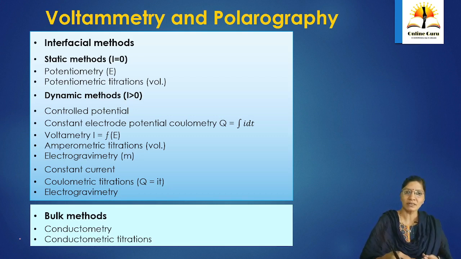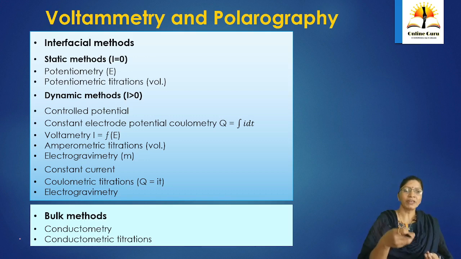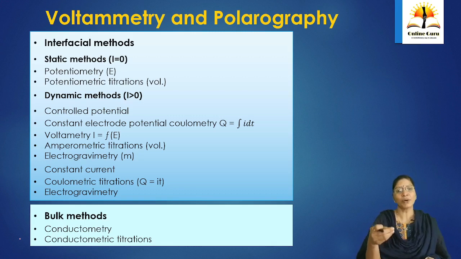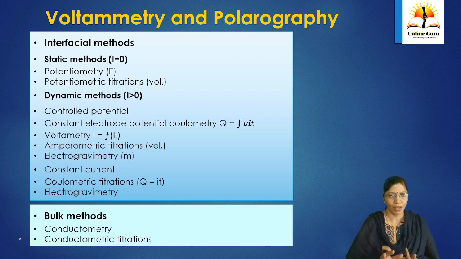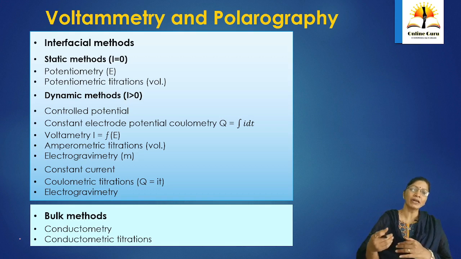As the term says, static indicates processes that remain unaltered throughout the analysis. What are the parameters in an electroanalytical process? Current, potential, and resistance, based on Ohm's law. When we talk about the interfacial static class, that means current with a magnitude of 0. Under this class come potentiometry and potentiometric titration.